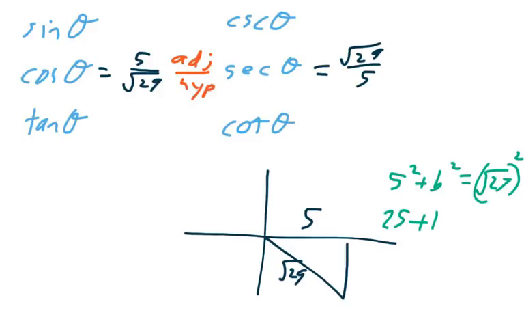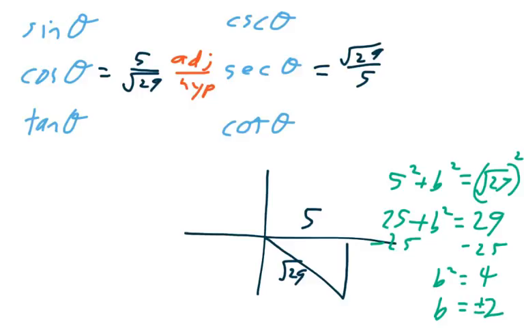So we got 25 plus b squared equals 29. Subtract the 25, and b squared is equal to 4, which means b is equal to 2 plus or minus. The reason why I say plus or minus is because we have to decide, and in this case, because the triangle is down, that's going to be -2.